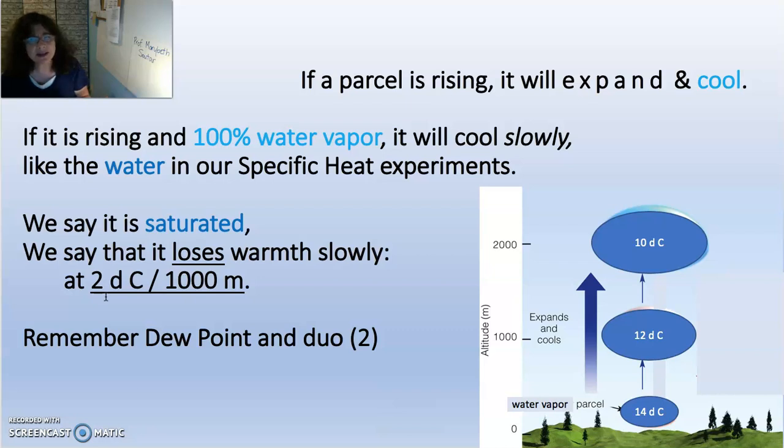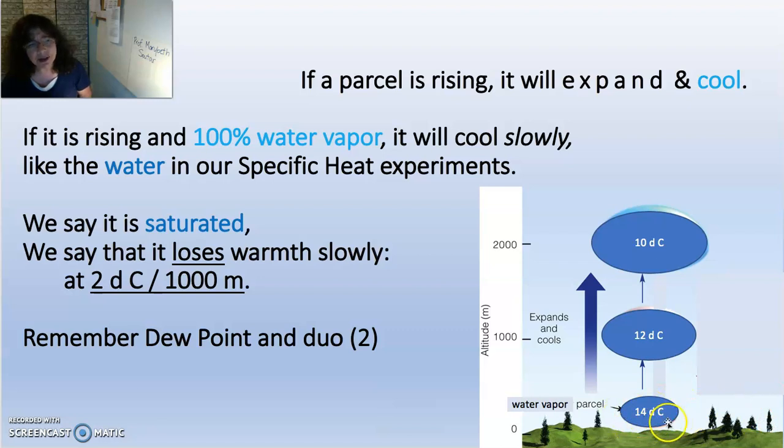That 2 degrees Celsius per 1,000 meters sounds familiar. It sounds like a really stand-up-straight lapse rate that we talked about with environmental lapse rates. And it is a much different lapse rate from the 10 degrees Celsius per 1,000 meters. So if you start off with your water vapor parcel at the dew point of, let's say, 14 degrees Celsius, your dry parcel is starting off at 30 degrees Celsius because it is regular air at the surface.